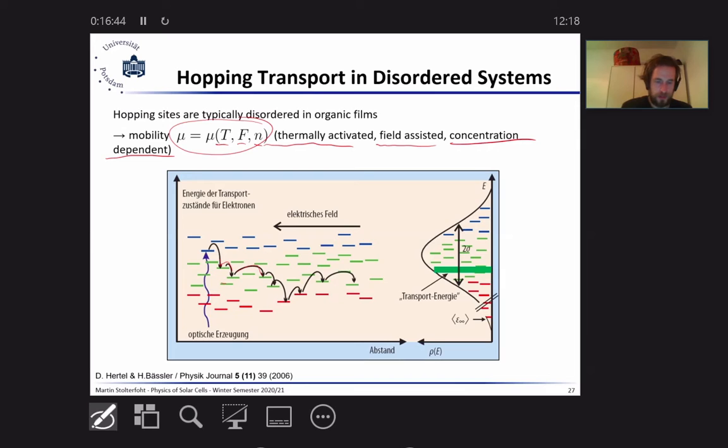So the mobility depends on various parameters due to this hopping mechanism. In particular, with higher temperature, the mobility will go up. This is exactly the opposite of band transport. So in organic semiconductors, if the temperature is higher, there's more energy available for hopping transport, and the mobility goes up.